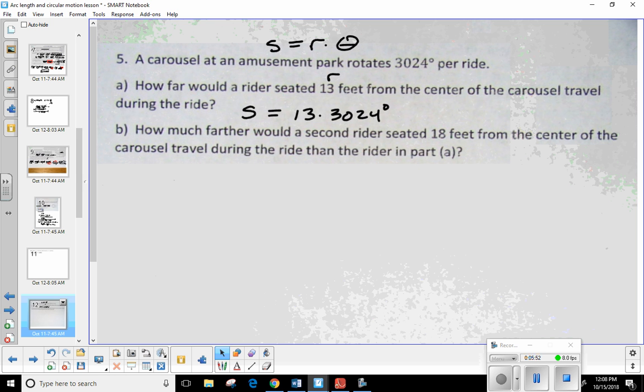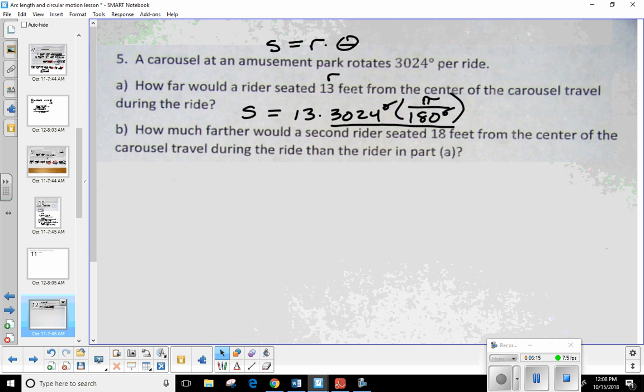Pi over 180. And just as we've seen before, those degrees are going to cancel. So once I multiply 3,024 times pi over 180, that's the distance it's going to travel in radians. If I multiply the radius by that, you've got yourself your arc length here.